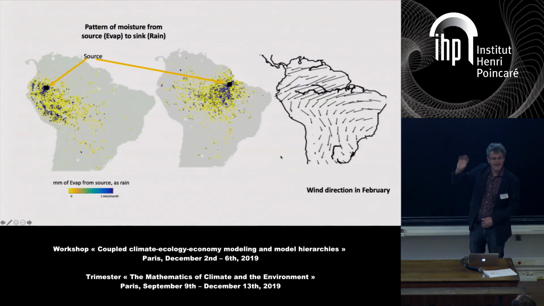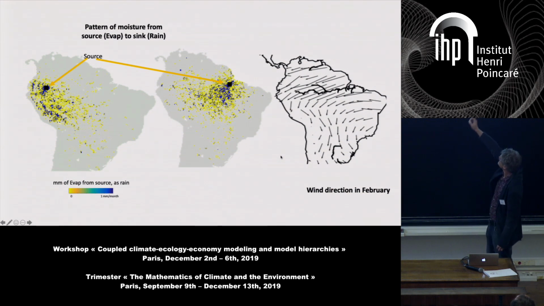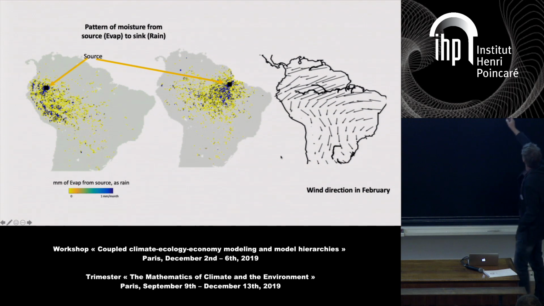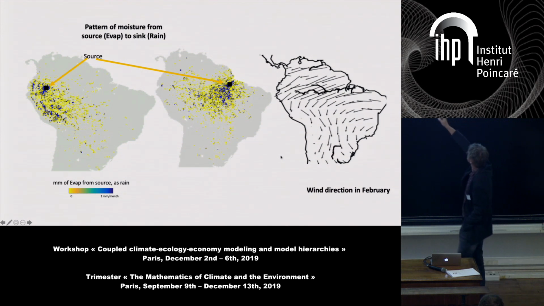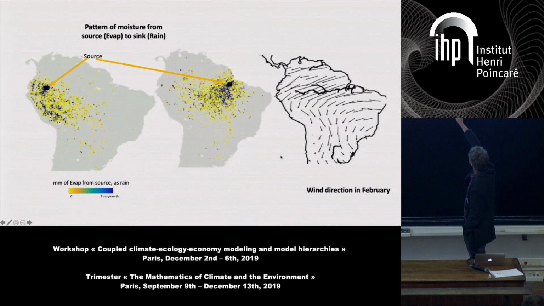Just to have an idea how this works, these black dots are the sources, so these are two sources, and then we run the model for one month. This is the wind direction in February for the Amazon. If we are here at the east of the Amazon, then it moves mainly to the southwest.